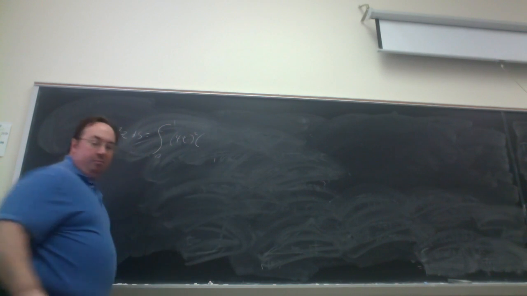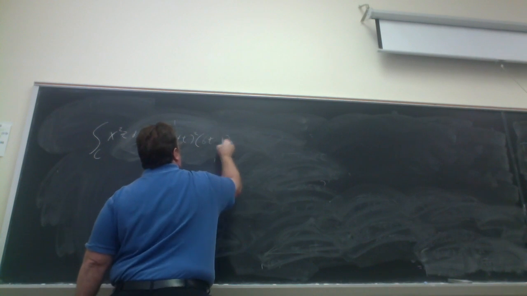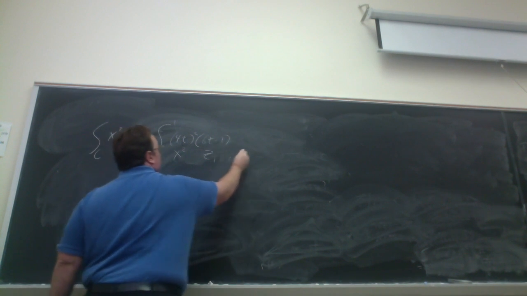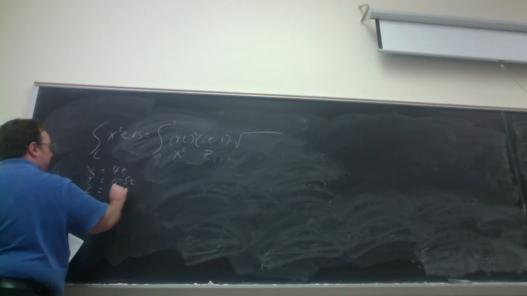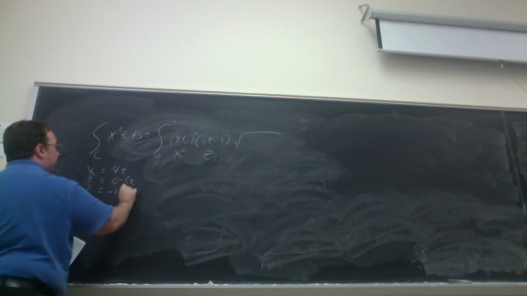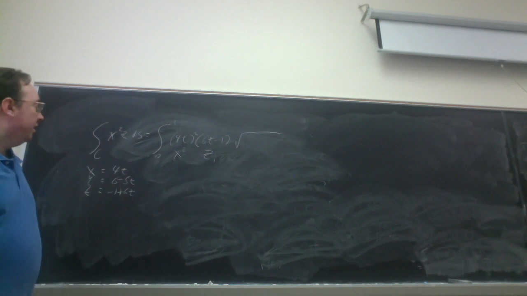So we have 4t squared times z, which is minus 1 plus 6t. I'll write it as 6t minus 1. And then you have the square root of your derivatives. Well, so x is 4t, and y was 6 minus 5t, and then z is minus 1 plus 6t.